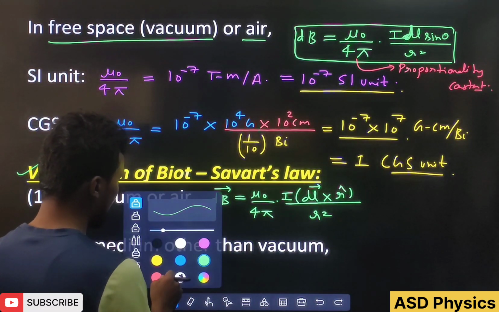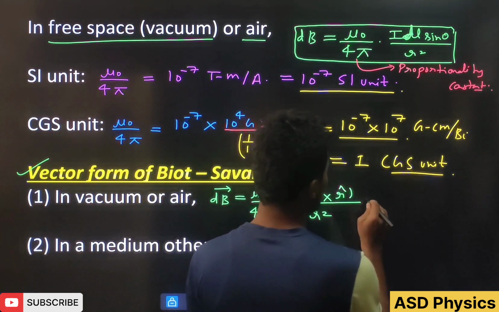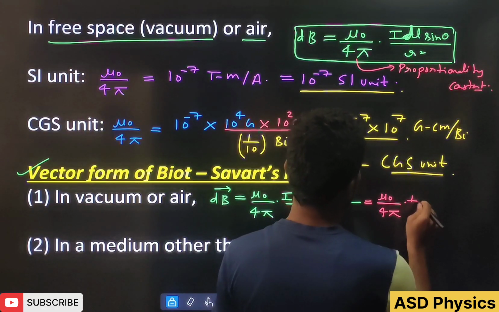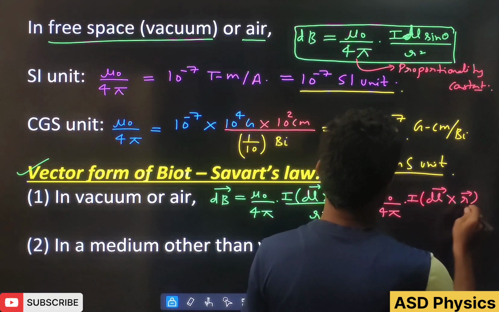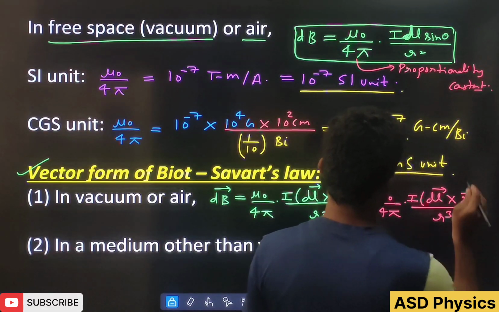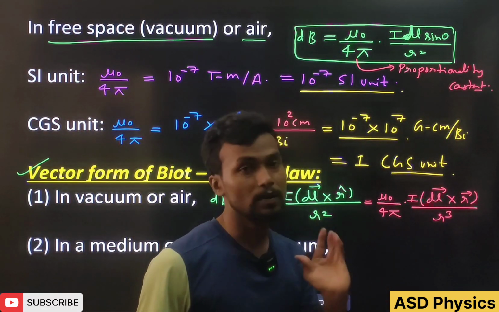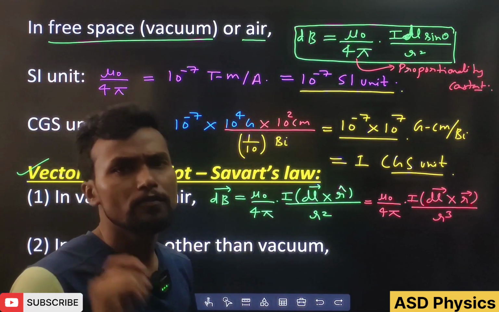I am telling again that r cap goes with r square. One more form is mu naught by 4 pi into I vector dl cross vector r by r cube. So r cap goes with r square, vector r goes with r cube. And what is mu naught? This mu naught is the permeability of free space.